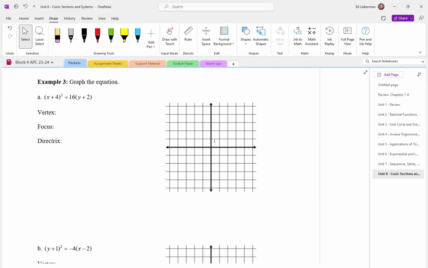Yeah, but it's 4 times A, it's 16, 4 times 4. You're right. You just said A is 2. A is 4. So that means it's 4. No, focus is 0.